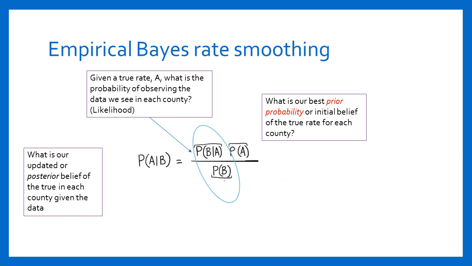Basically, if I took my belief about the average expected rate from the state of Georgia, and then I looked at what I actually observed in your county, and I took a weighted average of those two, I would have a new updated belief. So that's what Bayes' theorem does, and empirical Bayes is an application of Bayes' theorem. Again, we can talk about using empirical Bayes without fully understanding this slide, but I just wanted to touch on that.